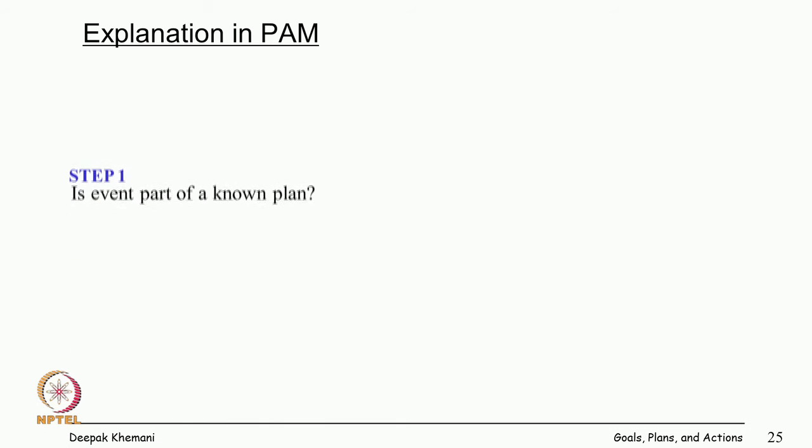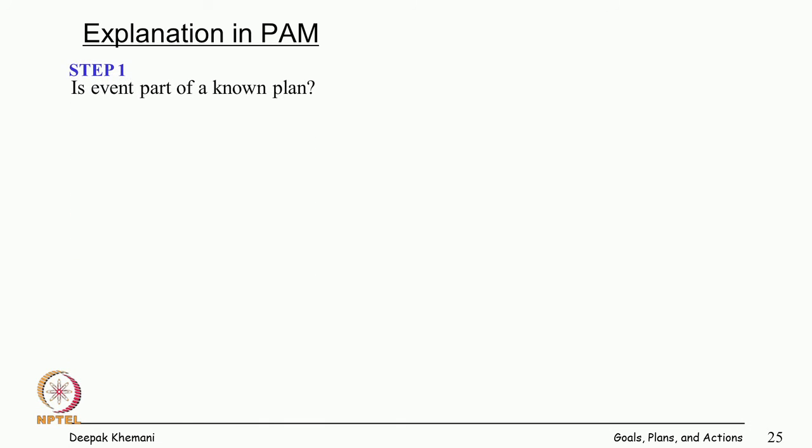So, the explanation is generated as follows: if you are talking about an event, is it part of a known plan? Then of course, we have explained that event essentially. Yeah, then the plan is the explanation. If it is not, then can you infer a plan of which it could be part of?